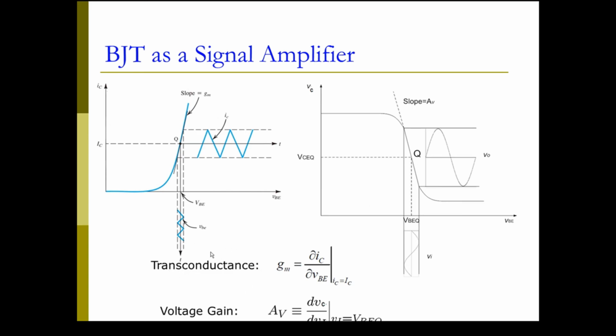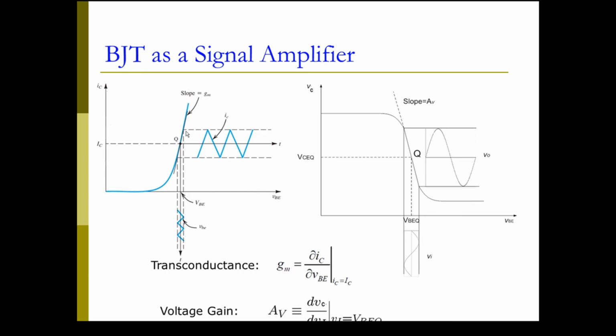If we plot the x-axis as the VBE, the voltage change between the base and the emitter, and the vertical axis as the collector current, we have this current versus voltage curve. And we have our working point, right? This working point, our VBQ we just analyzed, and the ICQ we get.